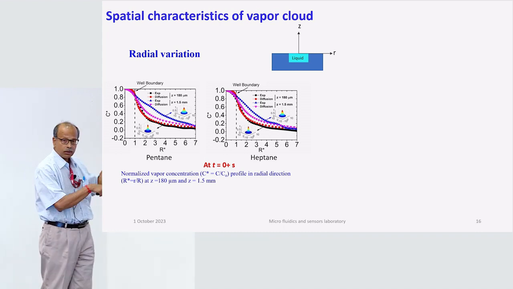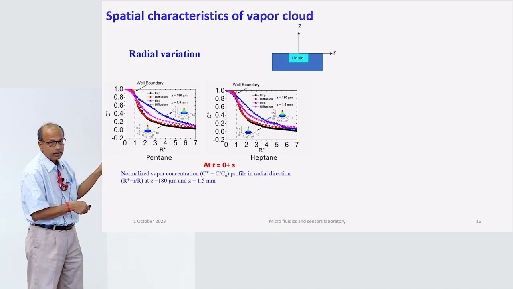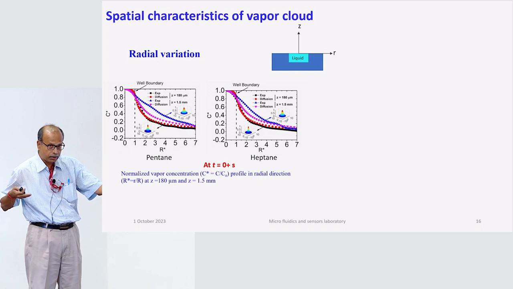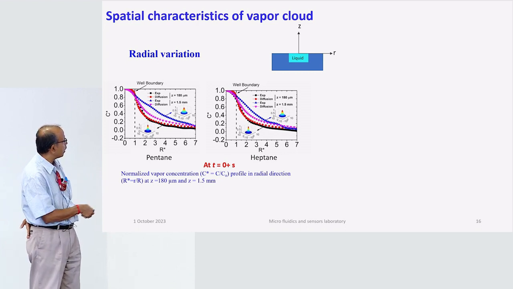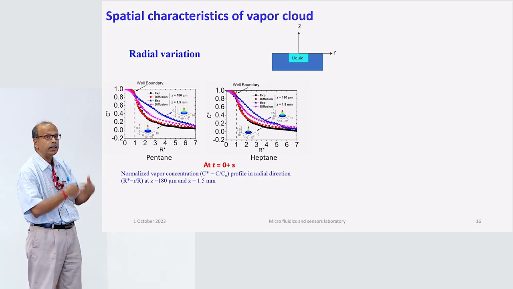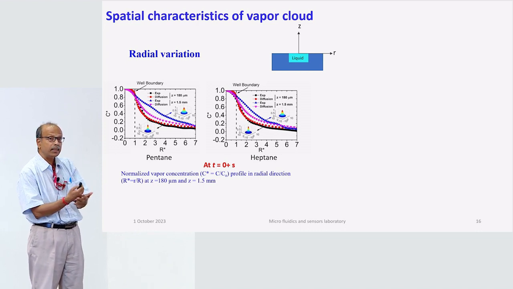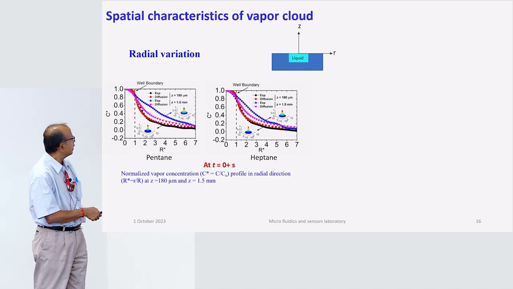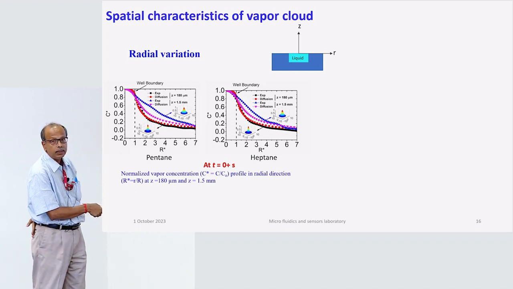Close to the interface of the liquid, that is Z equal to 1.5 mm, the diffusion calculation and our experimental data have a better match. When you go away from that, the mismatch comes into the picture.